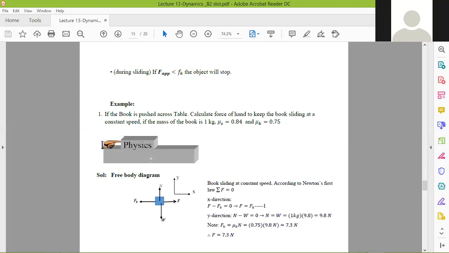As you can see from the free body diagram, as I've said, the free body diagram is used to show all the forces acting on that object. You apply a force which is going in that direction.